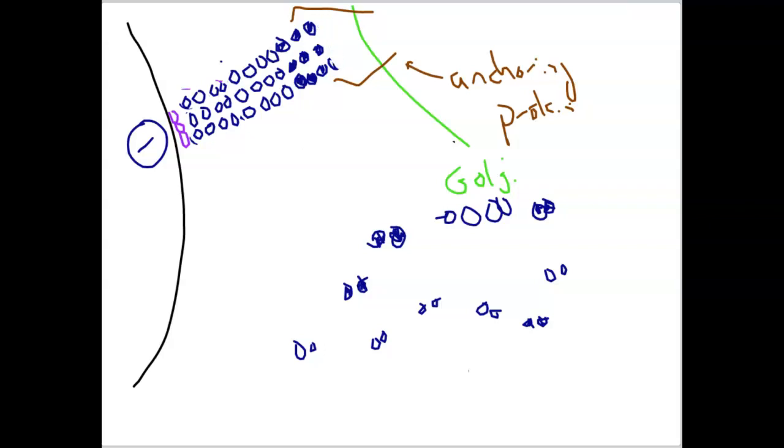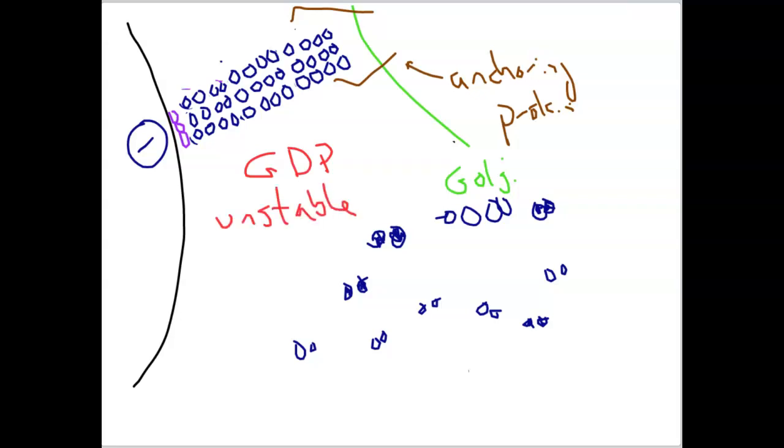Now, time has continued to pass, hasn't it? So even these tubulin dimers at the GTP cap have cleaved their GTP, and they're now holding on to GDP, and essentially this entire microtubule is now unstable because all of the tubulin dimers are holding on to GDP.